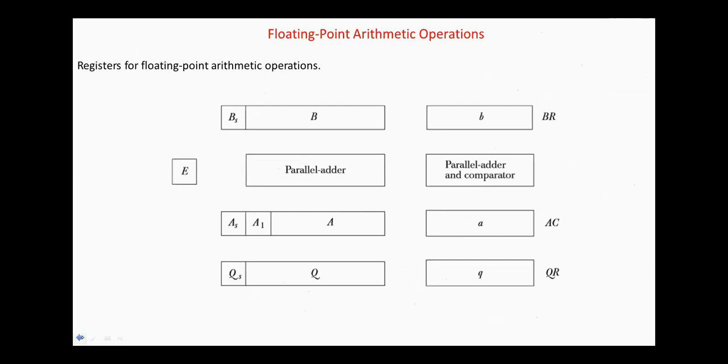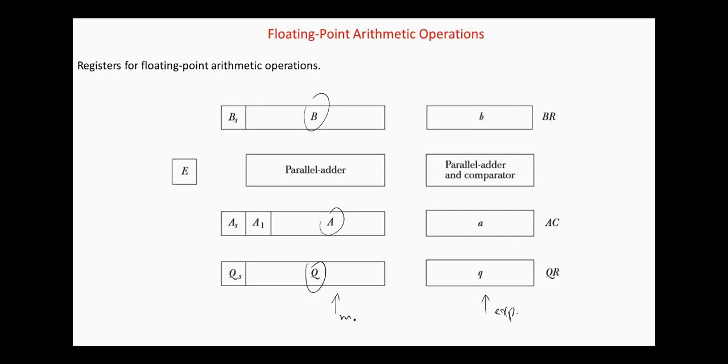Regarding register configuration, in general, the same registers and adders used for fixed point arithmetic are used for processing the mantissas. Each of the registers A, B, and Q are divided into 2 parts, one part for the mantissa and the other part for the exponent.